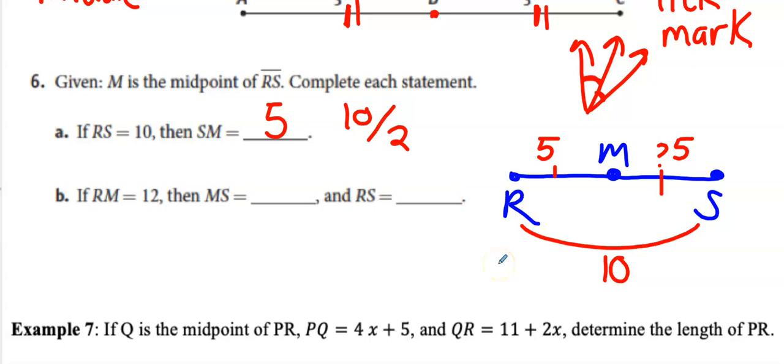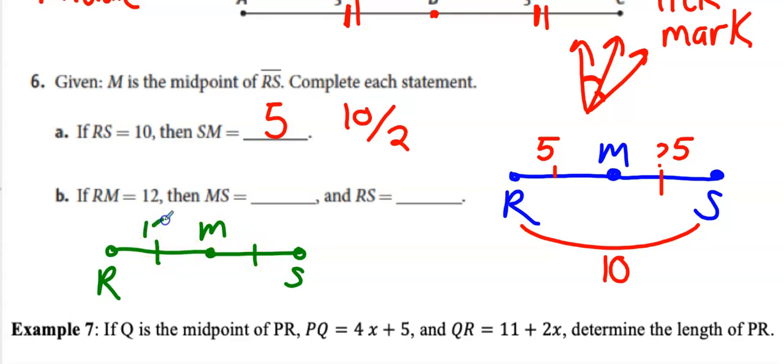Okay? Let's try part B. So de dibujar, I'm going to draw the same picture. M en el medio, y R and S. Okay? So 6 has the same picture. So it says RM is 12. So this part, first, make the marks porque son igual. This part is 12. What is S or MS? So this part, yo no sé, but I know if M is in the el medio, son igual. So this part is also 12 because part equal part.